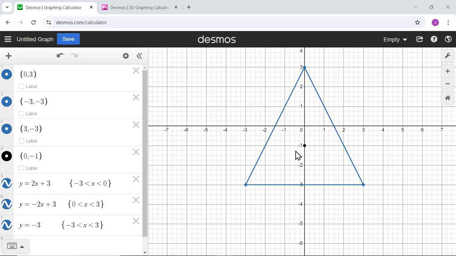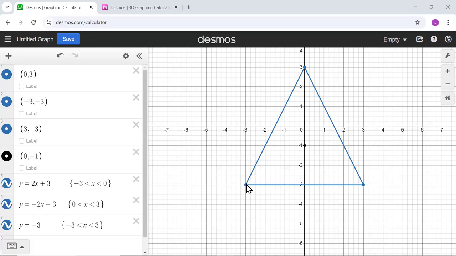And what we know is the absolute max and absolute minimum are going to have to be either at a critical point or along one of these three boundaries. We just checked this boundary here, the bottom of the triangle. The bottom of the triangle was y equals -3, and it spanned from an x value of -3 to an x value of +3.